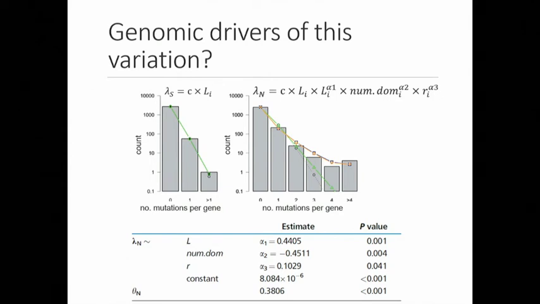A model that includes all of these explains about 15% of the variation in the data. It's not explaining everything by any means, but it's at least giving us some indication of some of the variation that's going on. So there is some potential for these kinds of models to help us better understand how repeatable evolution might be under a given set of circumstances.